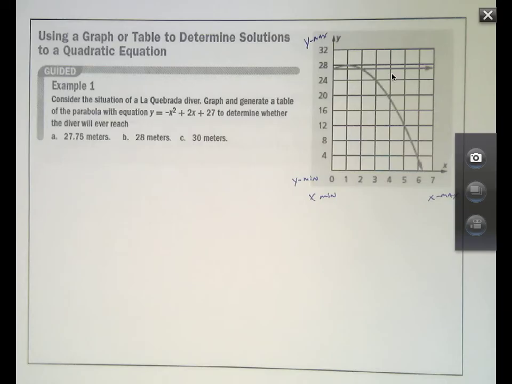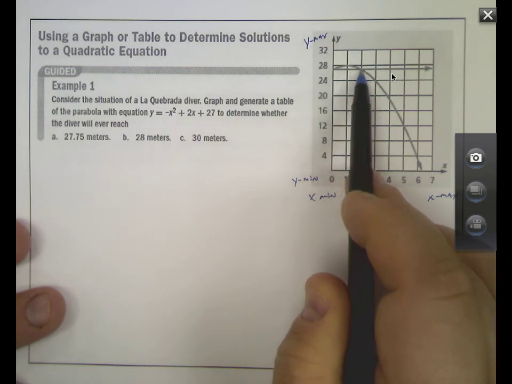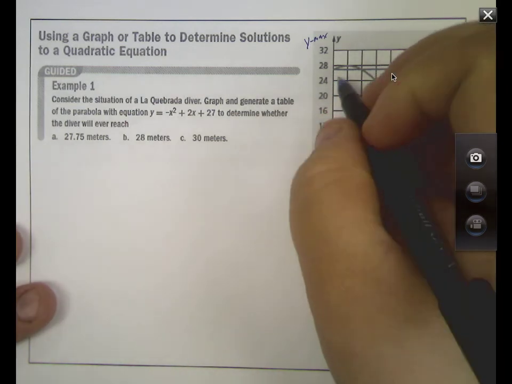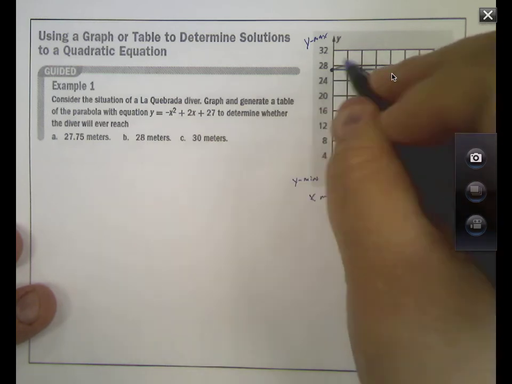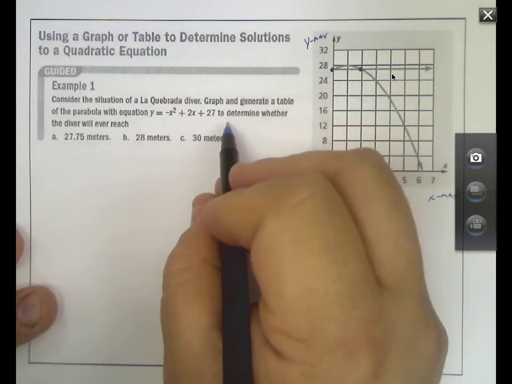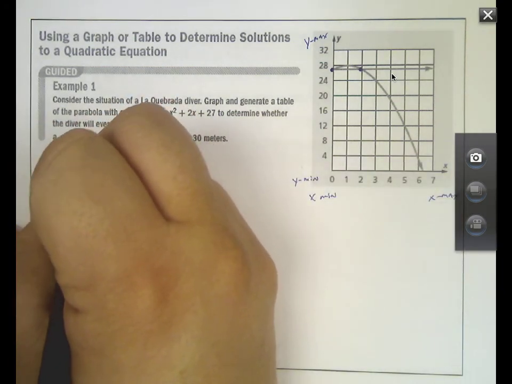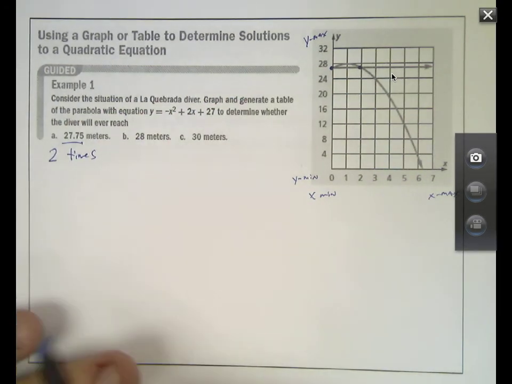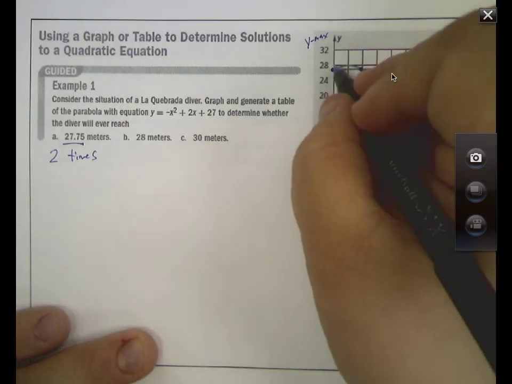Nope. But if you look at their graph, it is at 27.75, and as you can see, it crosses its path once and twice. So 2 times it will hit 27.75 meters.